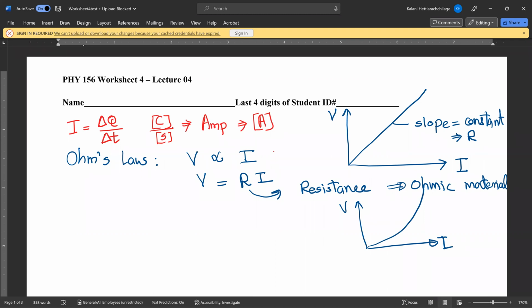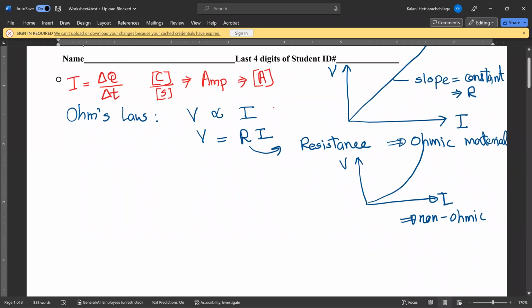Those materials are not obeying V equals IR, so we call them non-ohmic materials. I will not go further on that, because I plan to discuss a little bit about this resistance throughout the worksheet and how these things are going to change.